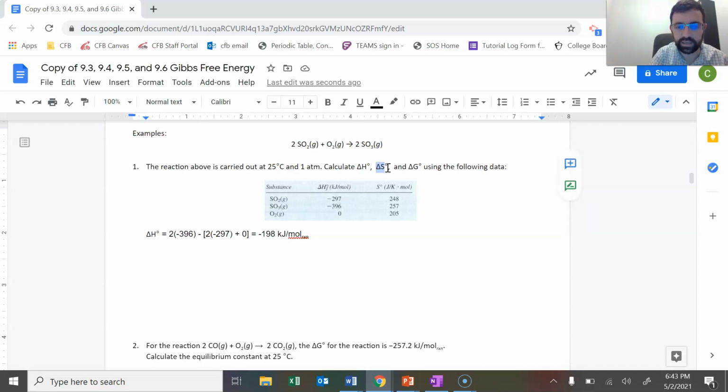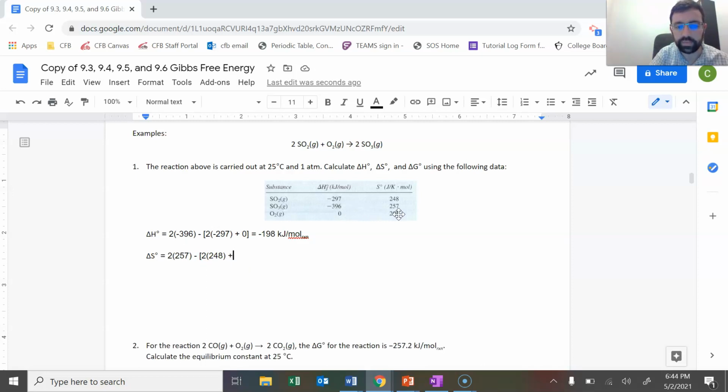Let's look at delta S. I'm going to do the same process. Delta S can be calculated by using your entropy values of the products minus the entropy values of the reactants. So for the product, I've got SO3, 2 times 257, minus, and then our reactant side, 2 SO2, 2 times 248, plus, and don't forget to put this all in brackets because we want the total of the products minus the total of the reactants.